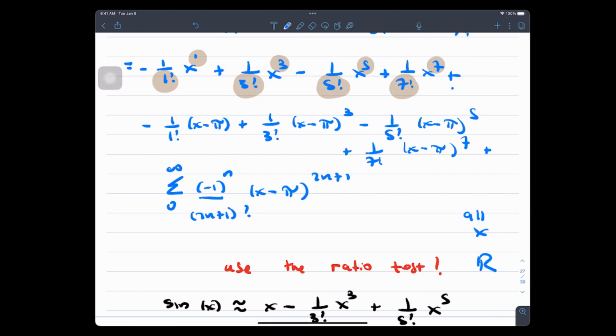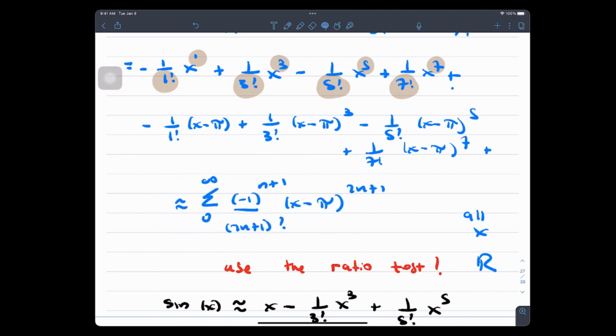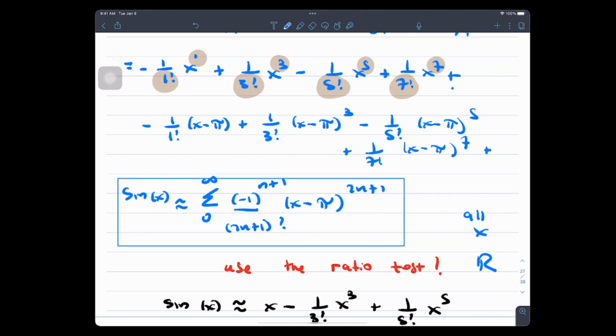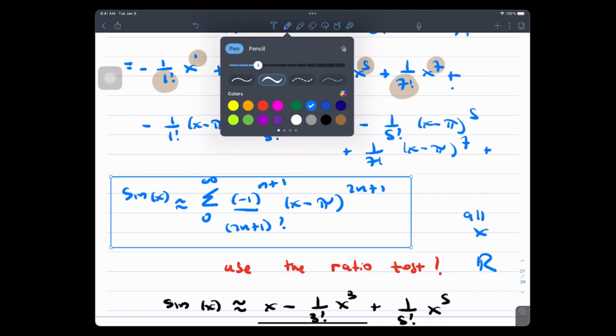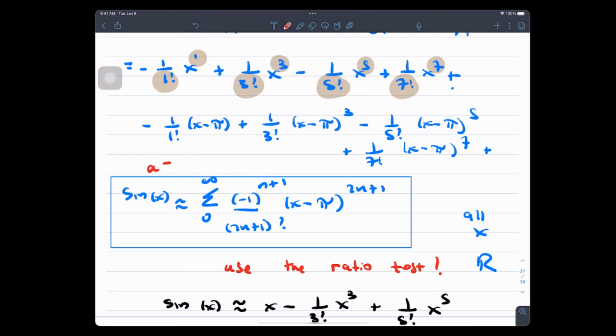But we start with a negative, and that's 0, so I can put plus 1. So I change the power to put plus 1, and now you have the Taylor series expansion for sine, where, what's the deal? This is around pi. Your center is pi now.